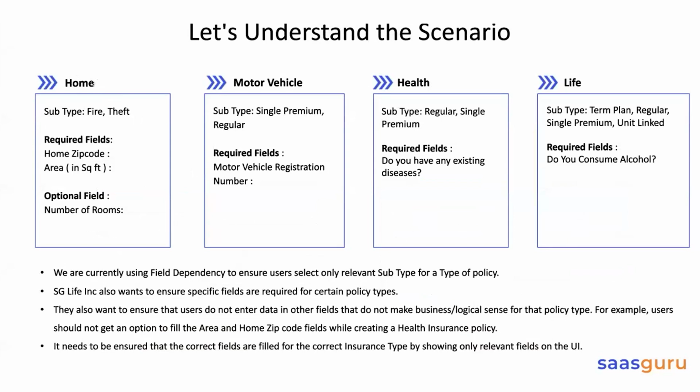Let's suppose you're only planning to display fire and theft if the record type selected is home. So out of the box, after the introduction of record types, the picklist values of the fields can also be controlled. Just like in field dependencies, we are controlling the values. The same ability is granted via record types.